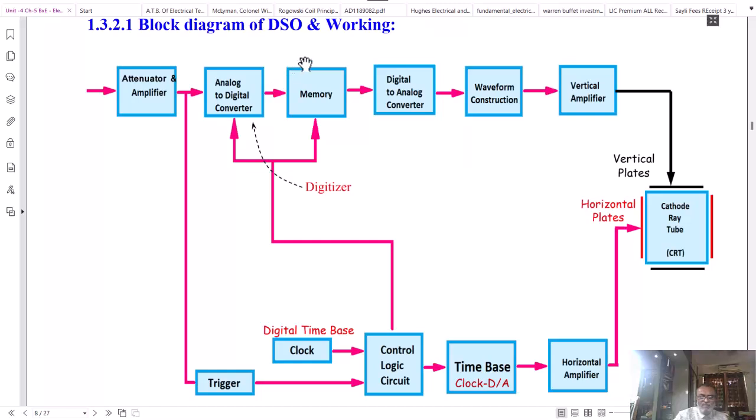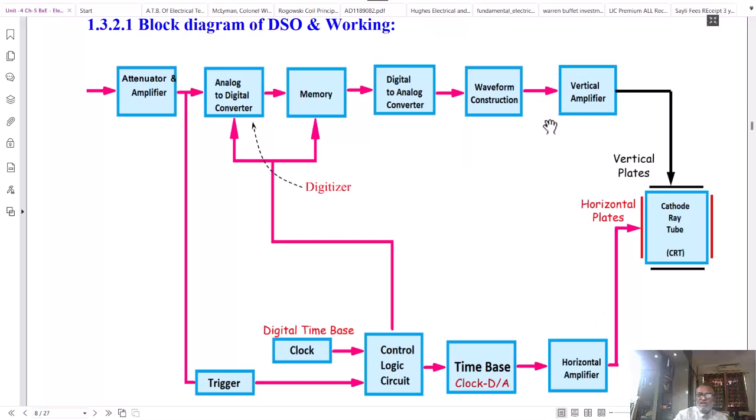This means your signal will be sampled and stored sequentially in many memory locations, and the signal is now available in the memory. If your display system is analog in nature, that is, using a CRT, then it has horizontal plates and vertical plates. These are driven by the vertical amplifier and horizontal amplifier.